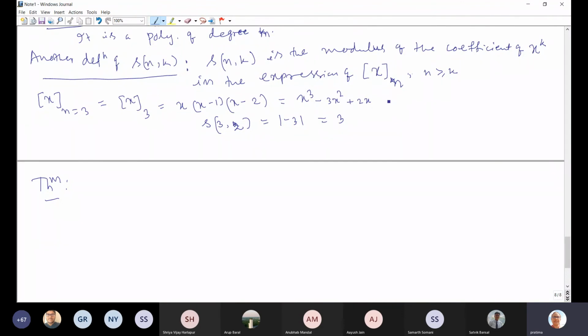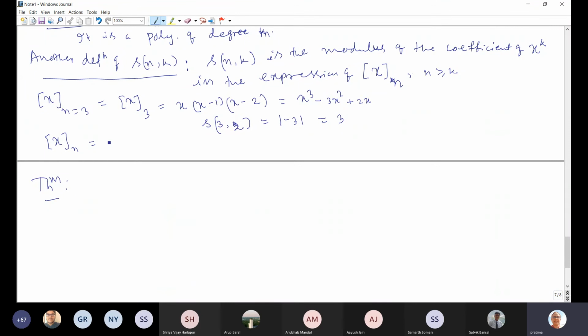Here you have to write down the coefficients. This is a polynomial of degree n.